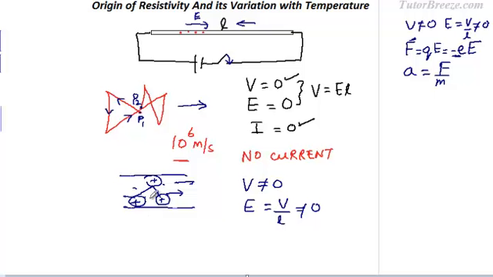So as it tries to accelerate, it hits an ion and gets deflected in a random direction. The motion of the electron is still completely random, except that it has a small drift velocity and it keeps shifting slightly in the direction opposite to the electric field. Since the electric field was in this direction and the charges are negative, they keep drifting slightly in this direction.